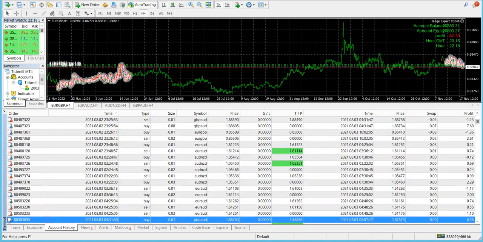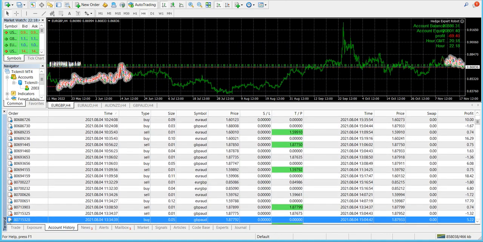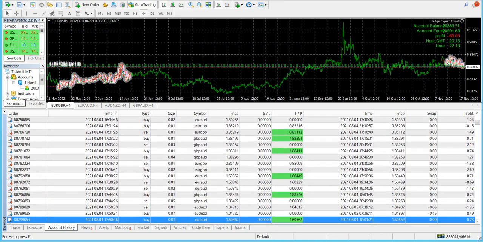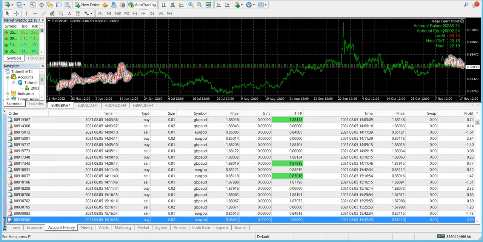So I should not have used Euro AUD and GBP AUD together, or either Euro GBP and Euro AUD together, but somehow I started, and since my balance increased, even some kind of fluctuation doesn't make any impact on my account.